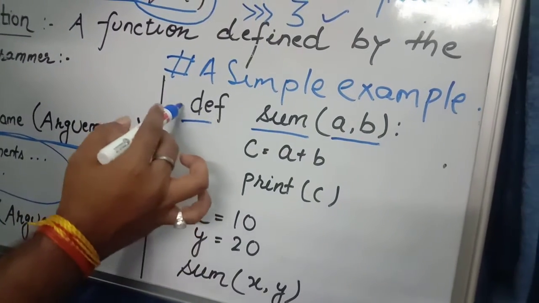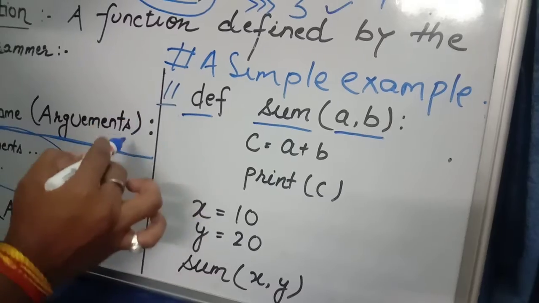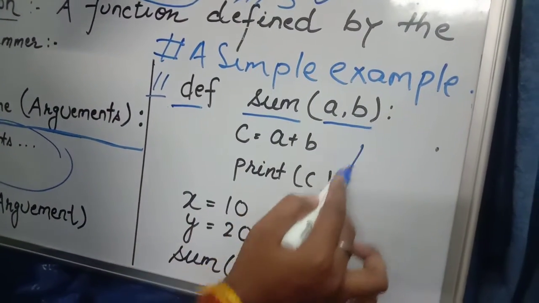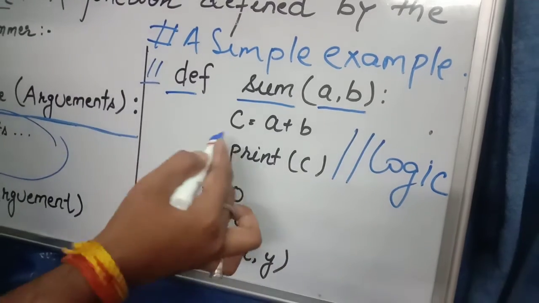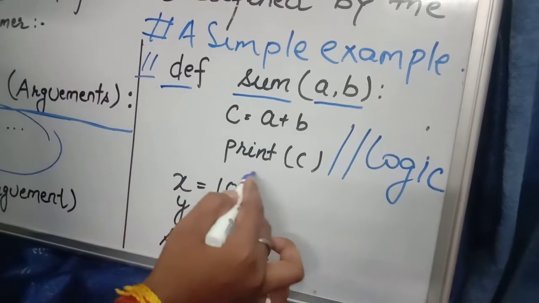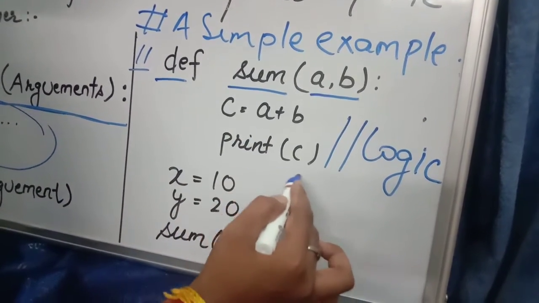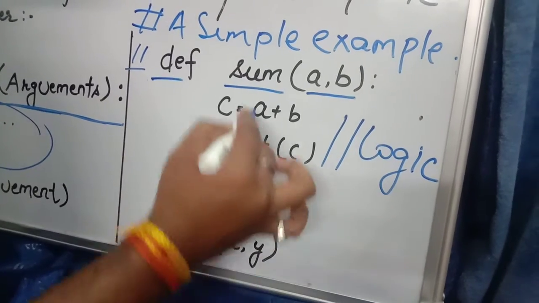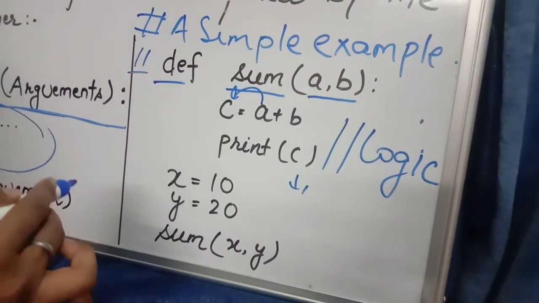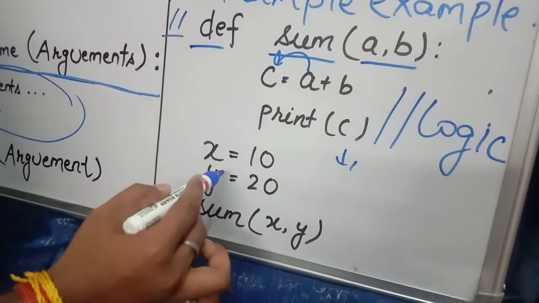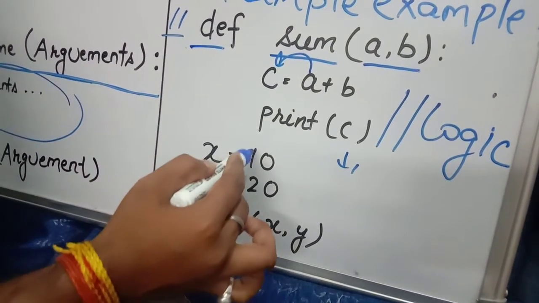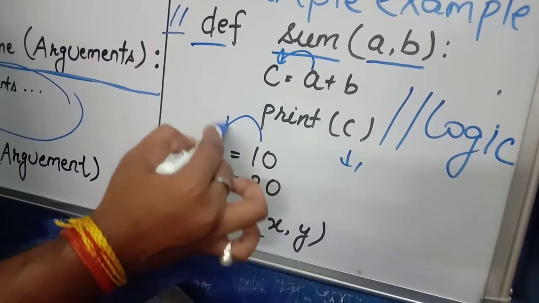Now see here, this is the declaration part of the function. With indentation, this is the logic of the function. What logic? Simply addition of two numbers, and we display the addition of the two numbers, which is stored in c. Then I have taken two variables here, x and y, and initialized the values 10 and 20.